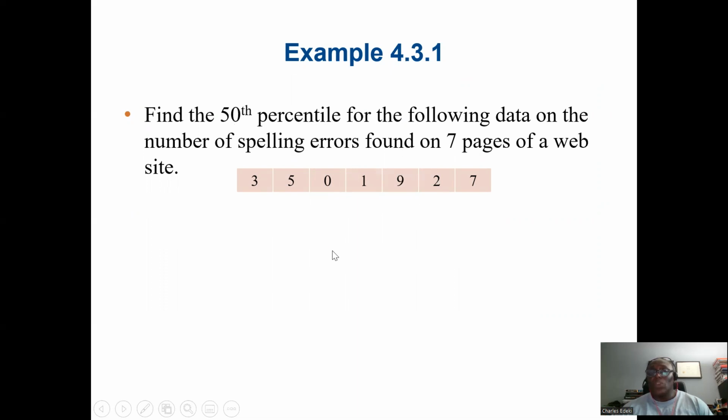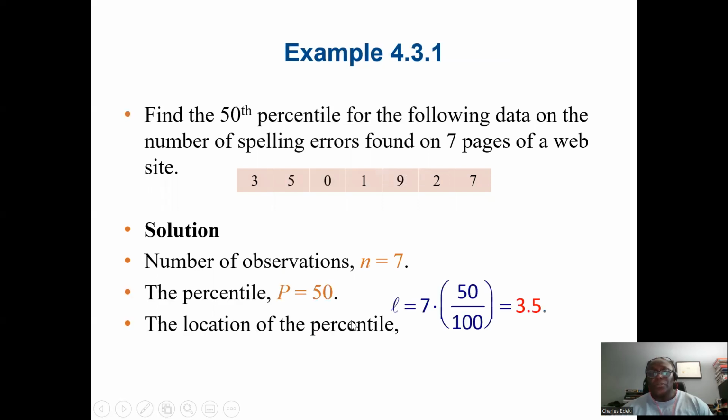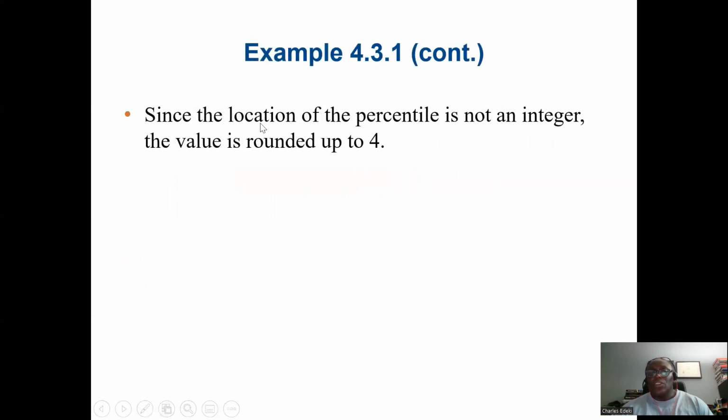We can find the location first. Here n is 7 and p is 50, so the location will be 7 times 50 divided by 100. That gives us 3.5. So we round L up to 4. Since the location of the percentile is not an integer, the value is rounded up to 4.